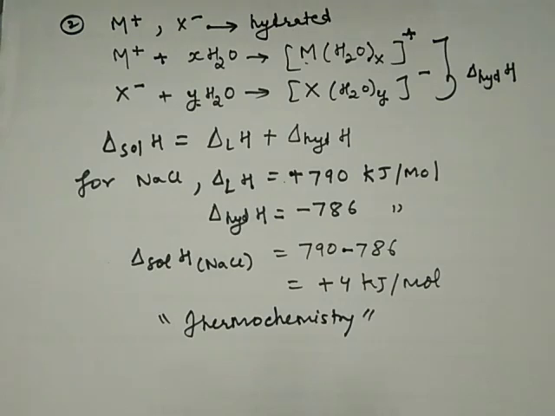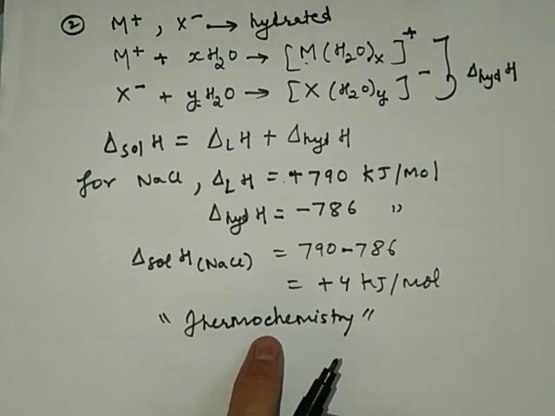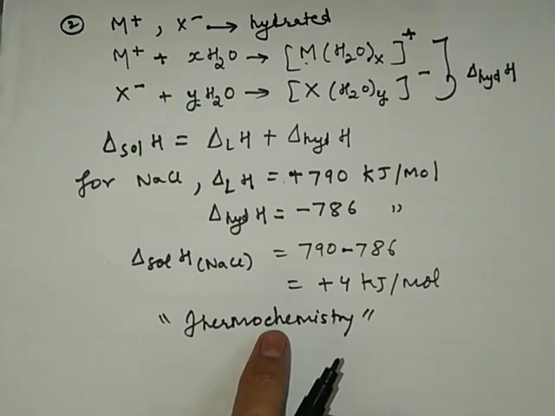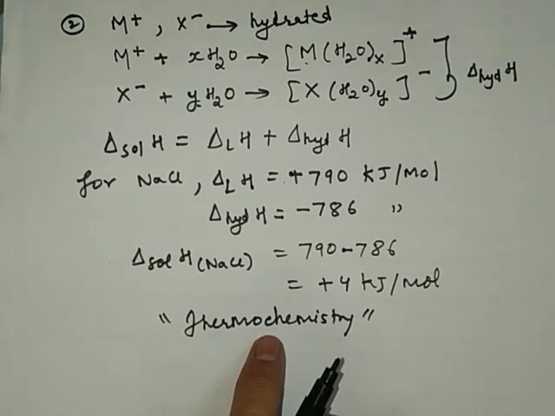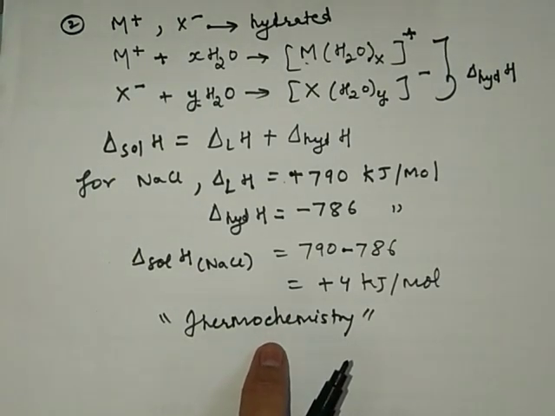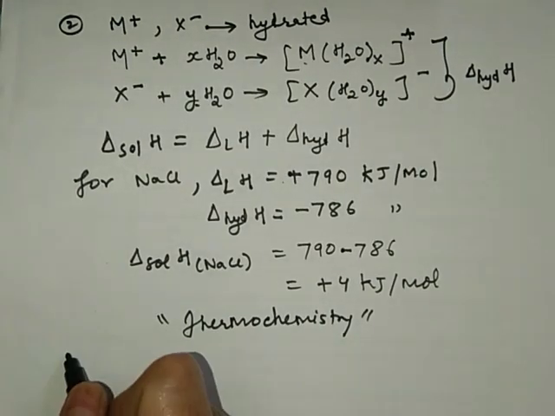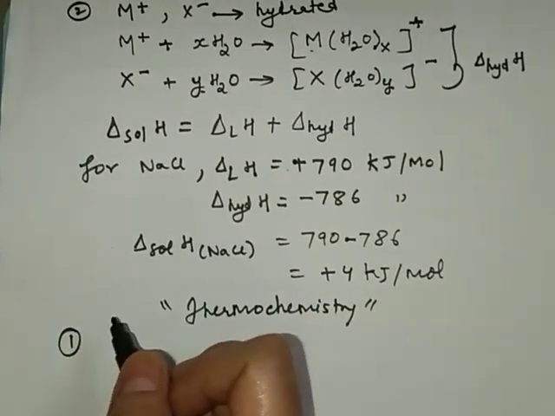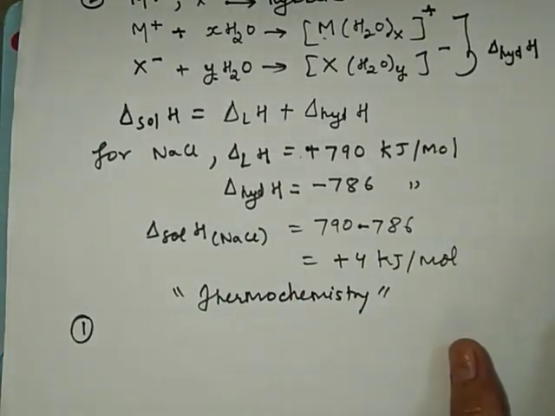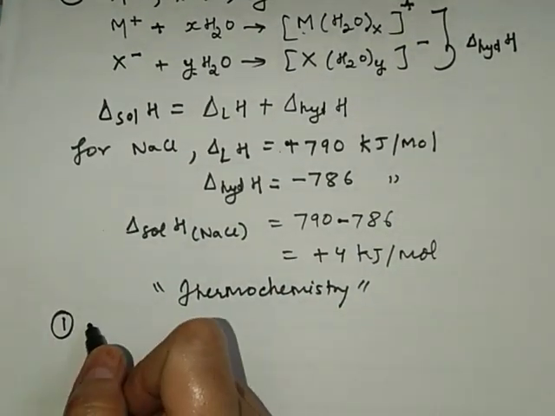Whenever a chemical reaction takes place, if there is a change in heat, then thermochemistry is concerned with this change in heat. That means enthalpy change in chemical reactions is studied in thermochemistry. Okay, so under this first we will see enthalpy of chemical reaction. What do we mean by enthalpy of a chemical reaction?